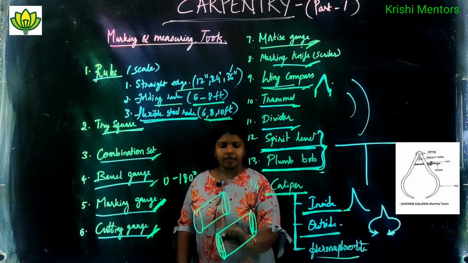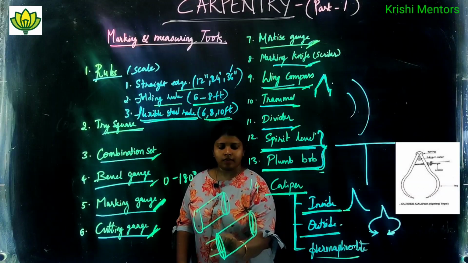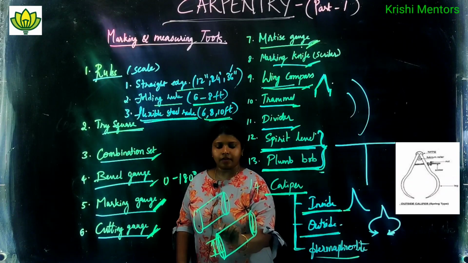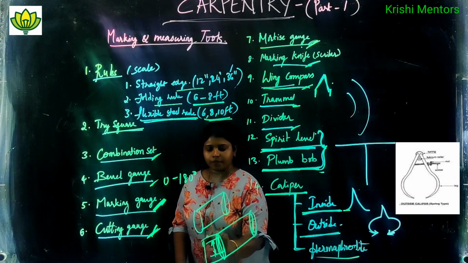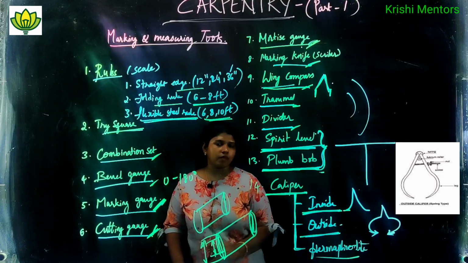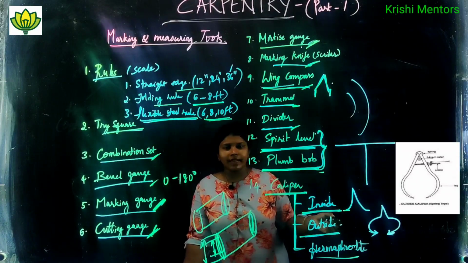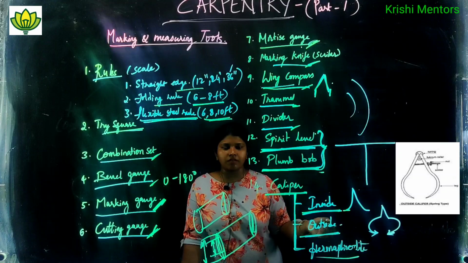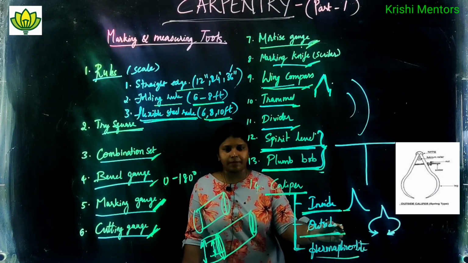This is the outer diameter and this is the inner diameter. To measure the outside diameter of any cylindrical object, we will be using the outside caliper.